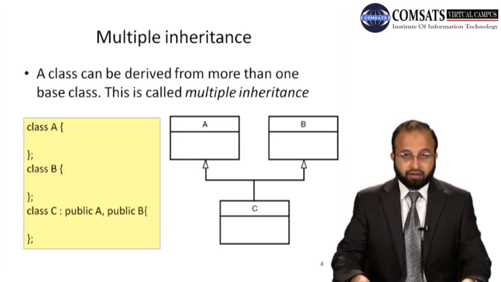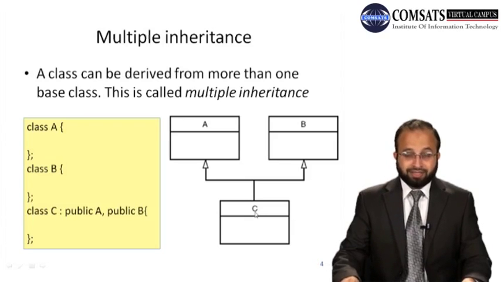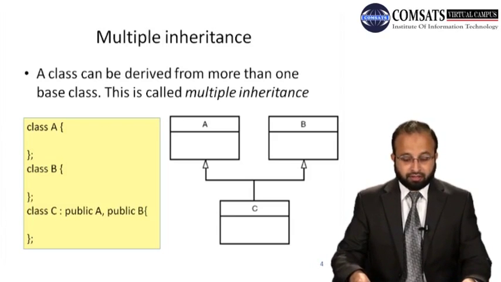We can represent this relationship in a UML (unified modeling language) diagram like this. This is class A, class B, class C, and this empty arrow represents the inheritance relationship, right? Class C is inherited from A and class C is inherited from B. That is, class C basically gets all the behavior of class A and class B. We can say it like this as well.